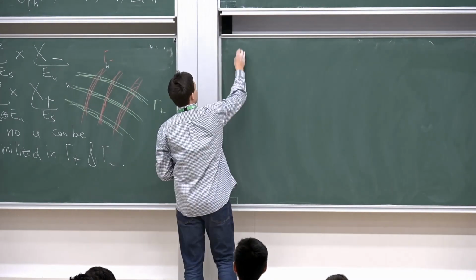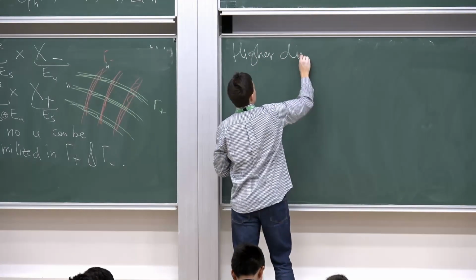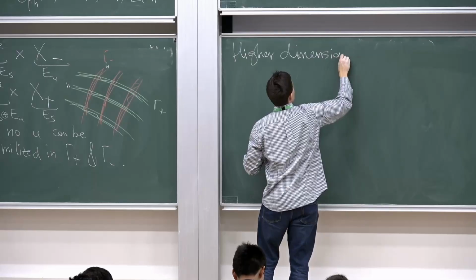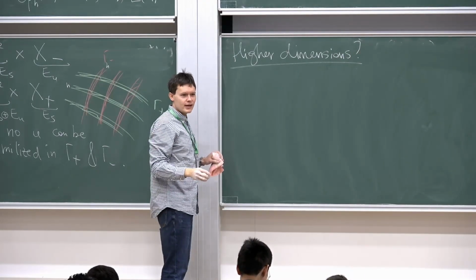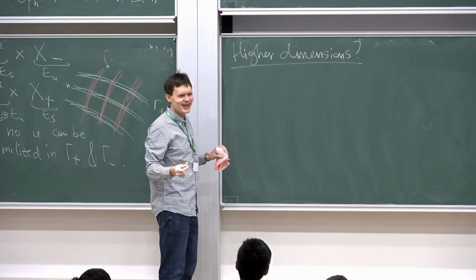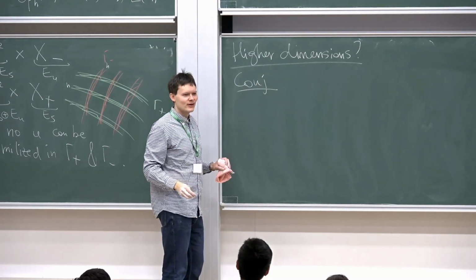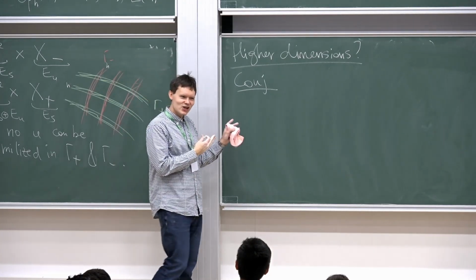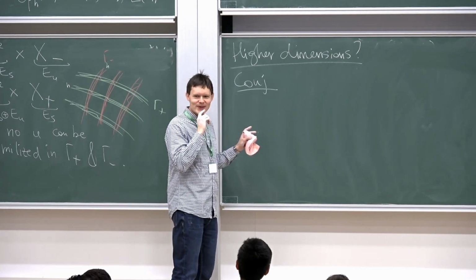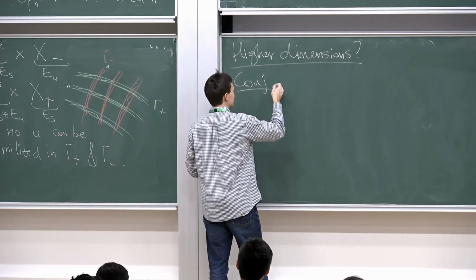So what about higher dimensions? Well, first I can make a conjecture. Conjectures are cheap. Anybody can make a conjecture. Especially if it's wrong. Disprove it. It's a challenge. Maybe it's wrong, but then, you know. So here's a conjecture.